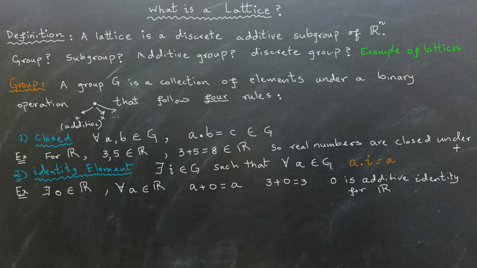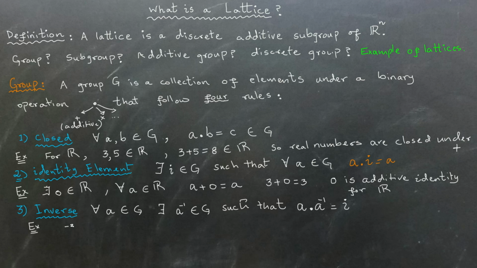Third rule: each element in the group must have an inverse. For every element A in the group G, there must be another element called the inverse of A, such that applying operation O to A and its inverse gives us the identity element.